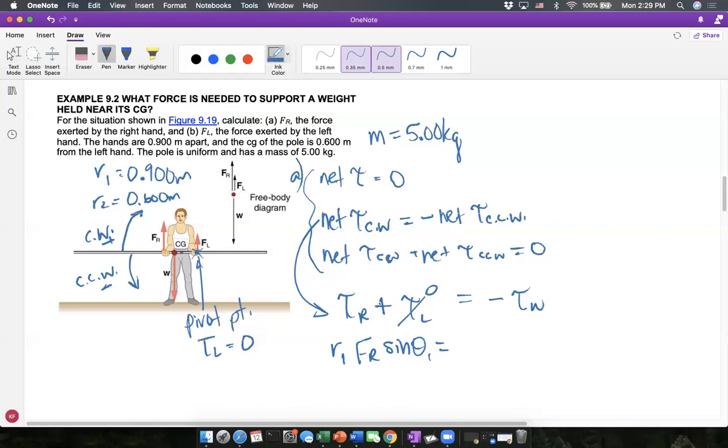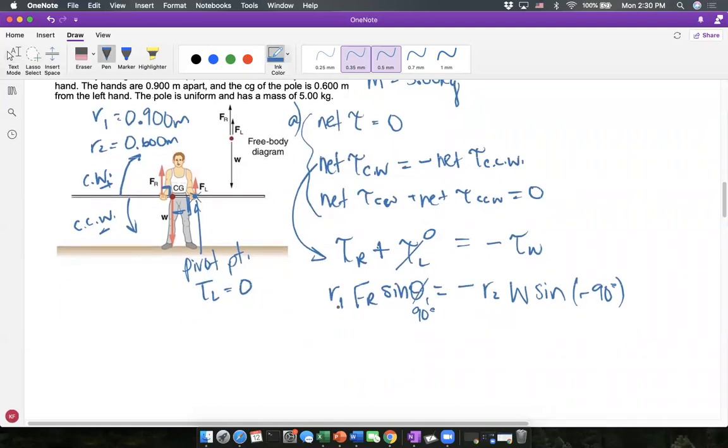That should be our 90 degrees, right? So this is just going to be 90 degrees, equals minus our torque of our weight here. So that's going to be R2, times our weight, and sine of negative 90 again.